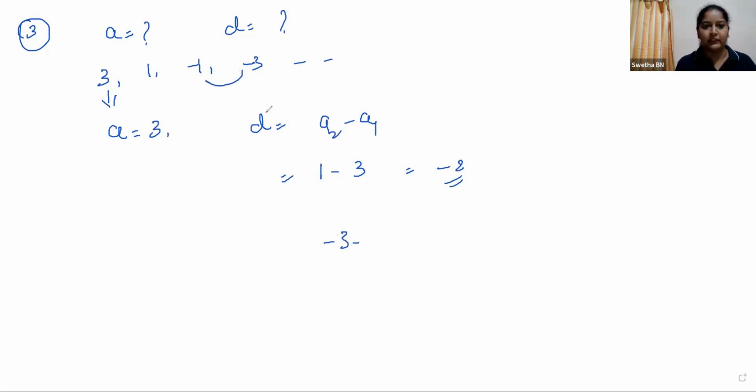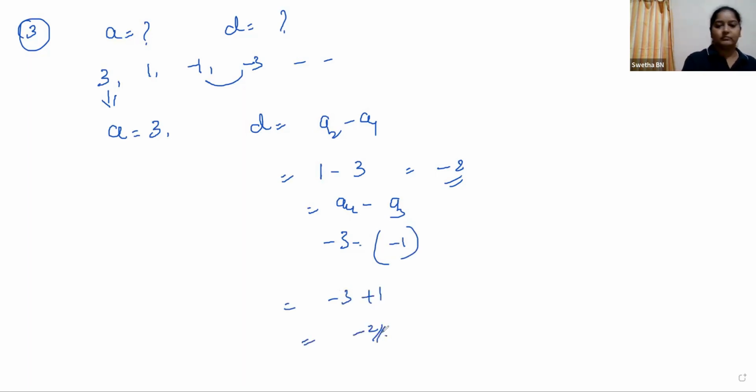See what I am doing here. A4 minus A3, right? A4 is minus 3, put minus sign, use bracket and write. Minus into minus is plus, so that is minus 2. Right, children?